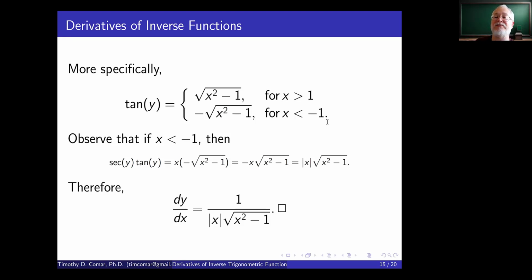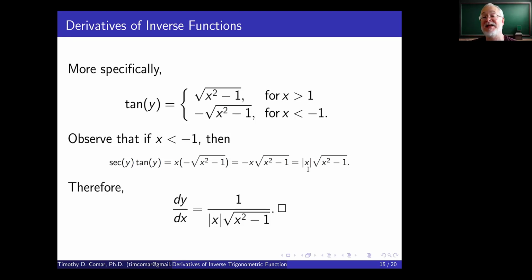And here's just a little bit of fancy algebraic manipulation. If we're looking at the case that x is less than -1, so x is a negative number, we are going to be able to write secant y times tangent y as x times negative of that square root of x squared minus 1. Okay, move the negative sign over here. But notice, since x is a negative number, negative x is just going to be the absolute value of x.